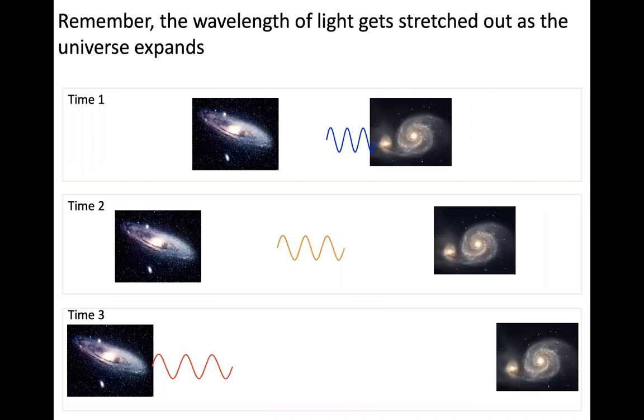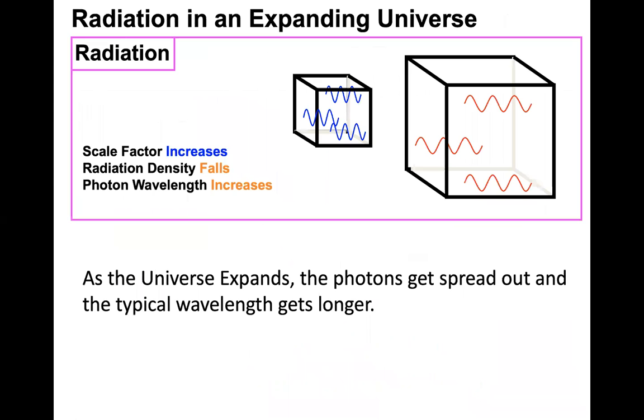As the universe expands, the wavelength of light increases. But it doesn't just do that. It also pulls the various bits of light apart, reducing its density. So if you have light that is short wavelength and tightly packed, it gets spread out and its wavelength gets longer. This turns out to do something interesting.